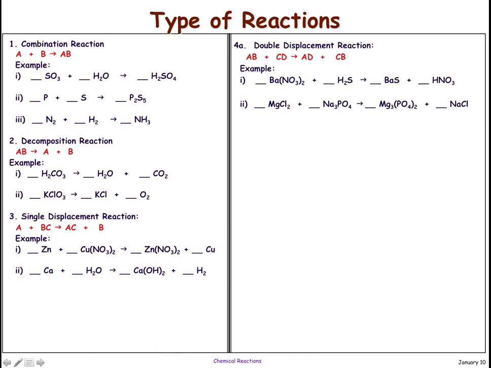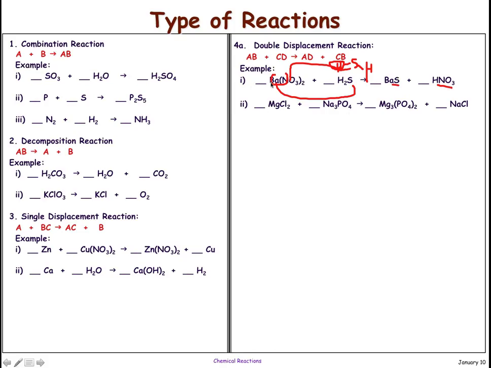This is what we call a double displacement, because again, what you see here is that the barium and the hydrogen in HS switch. The hydrogen will go over here and bind with the nitrate, and the barium will bind with the sulfur. That's what you get. Got to make sure that your chemical formula is correct.